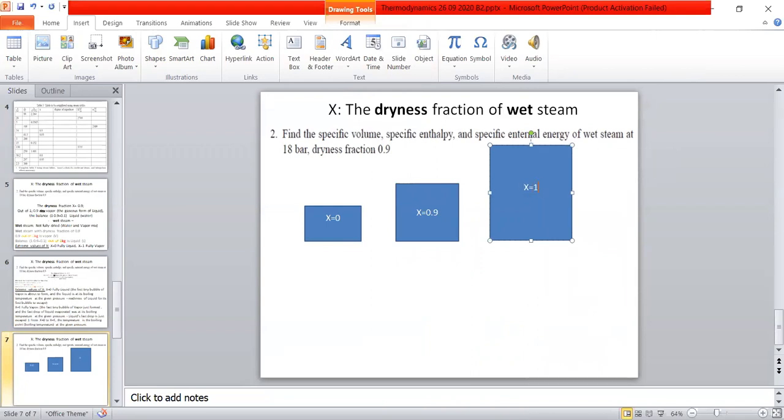So the temperature is the boiling point at pressure P, the same. Here also the temperature is the boiling point at pressure P.